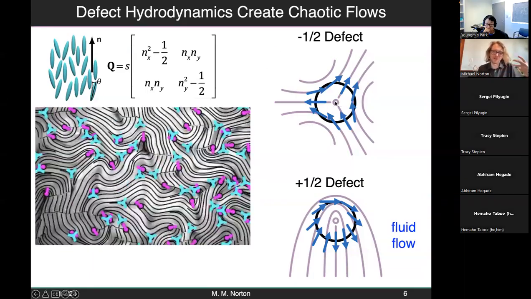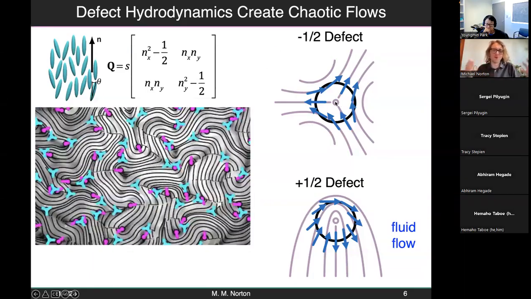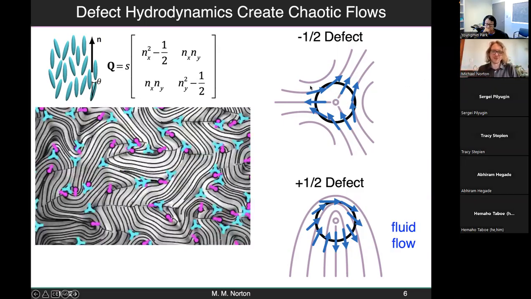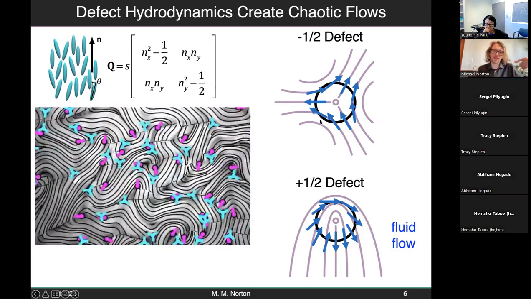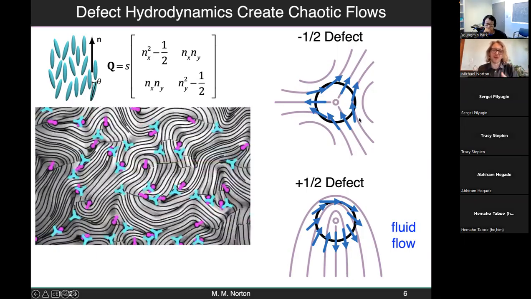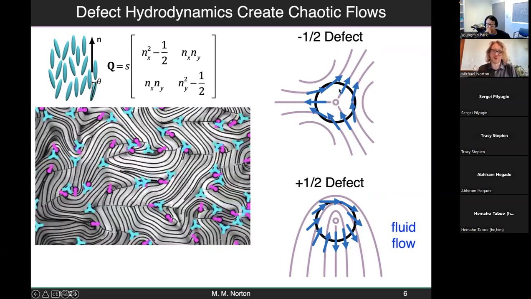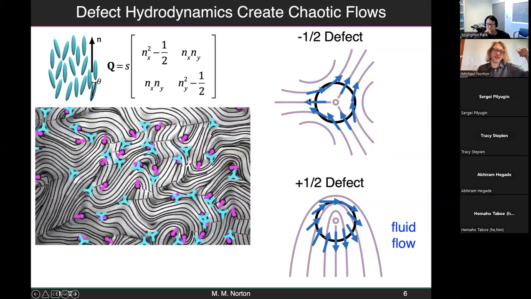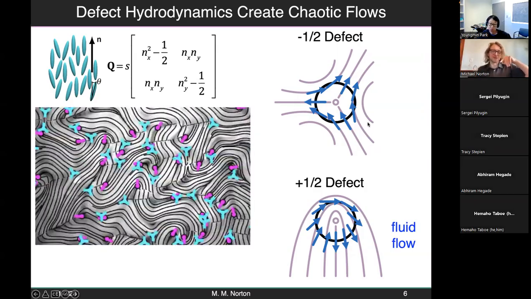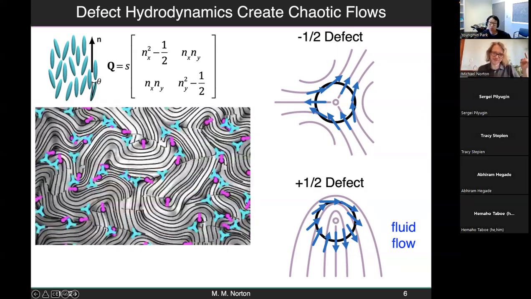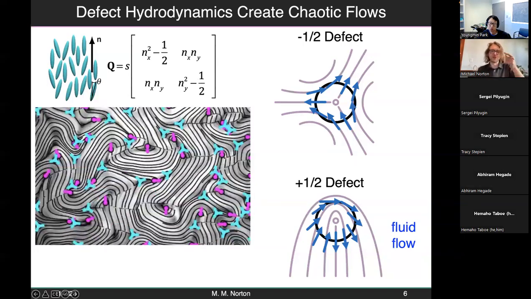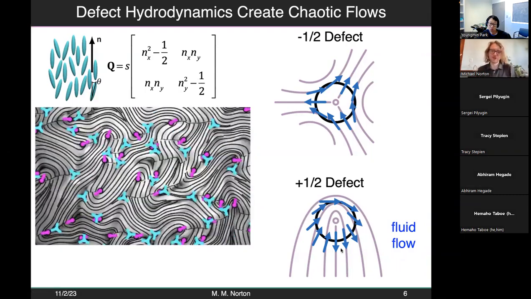At the core is a region where this orientation field doesn't have any meaning, but directly outside it, you can get an orientation, and the number of times that you wind around gives you the topological charge. So for a minus half defect, as you proceed clockwise around the core, you make half a rotation counterclockwise. Whereas for the plus half defect, as you proceed clockwise around, you rotate half a clockwise turn.